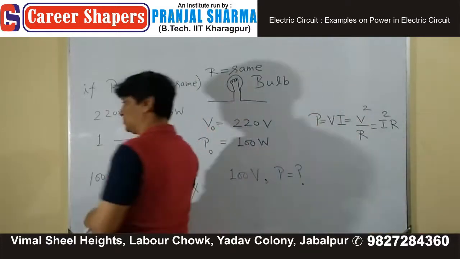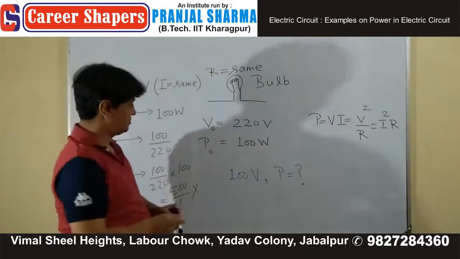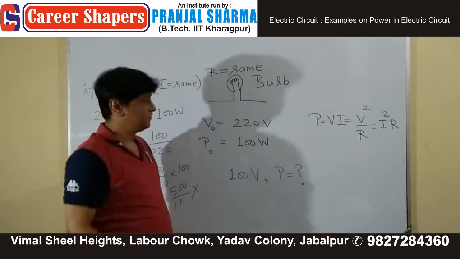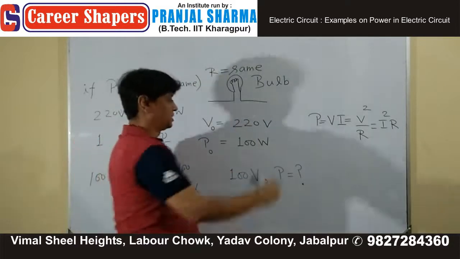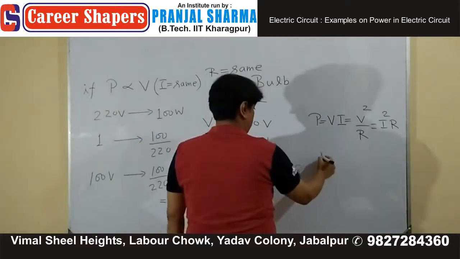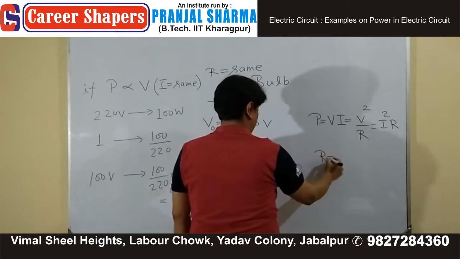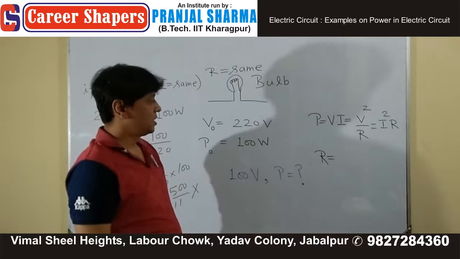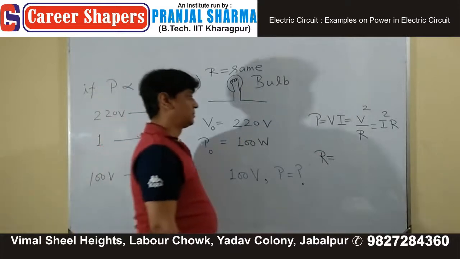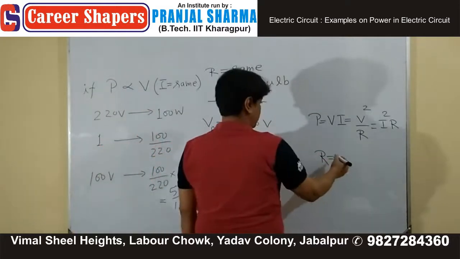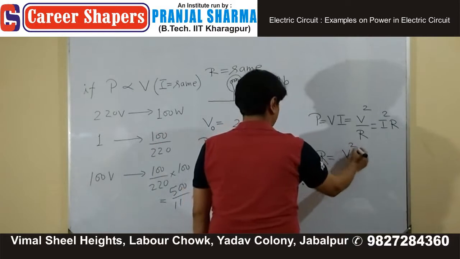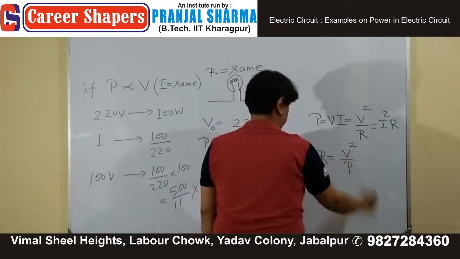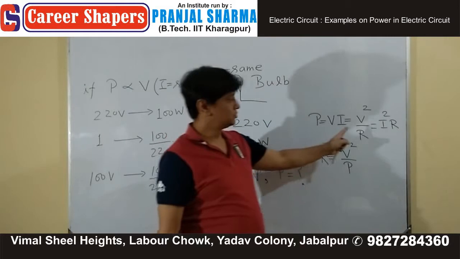Even after giving this much hint, you find it difficult. Look, we have been given that R is same. Now for this question, if I say R is V square upon P, use this.